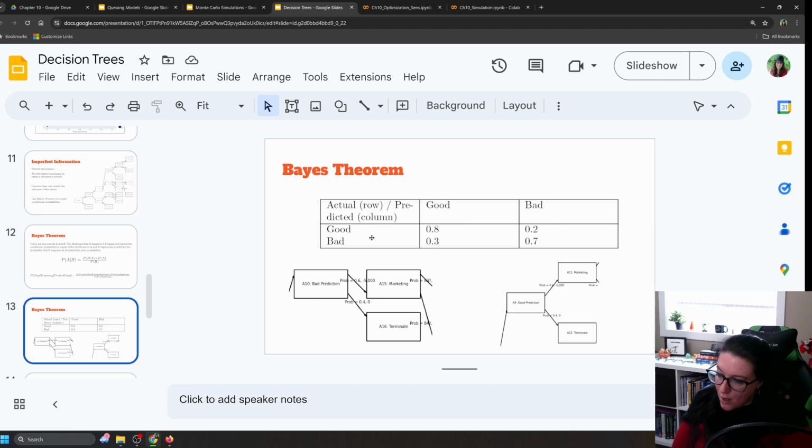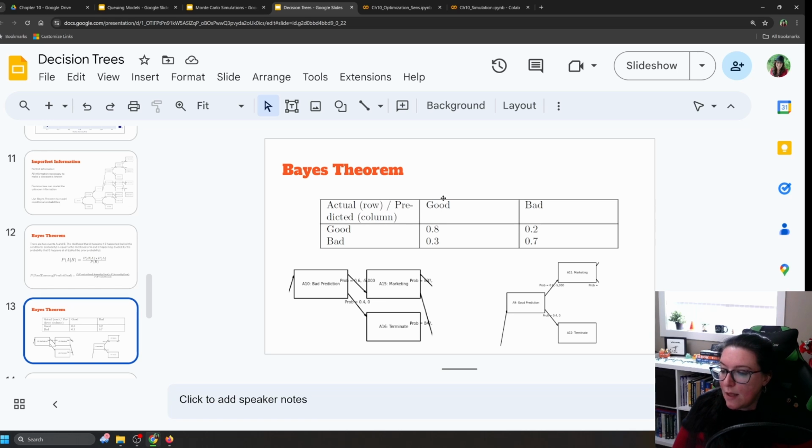See how these equal 100%. So the actual was good, and they had predicted good 80% of the time, and predicted bad 20% of the time. Now, when it was actually bad, they had predicted good 30% of the time, and they predicted bad when it was actually bad 70% of the time, right? So we can see that on balance, they're more accurate than not, okay?